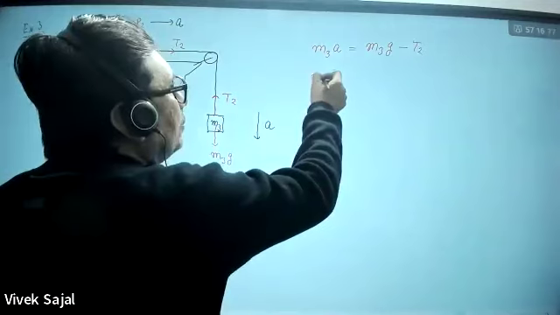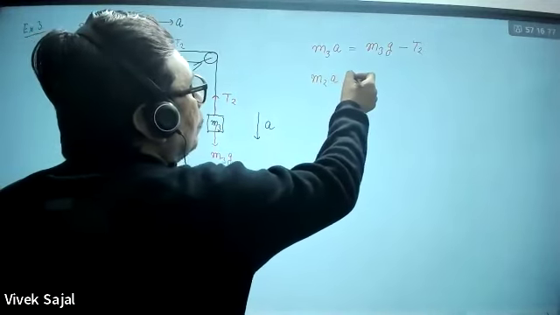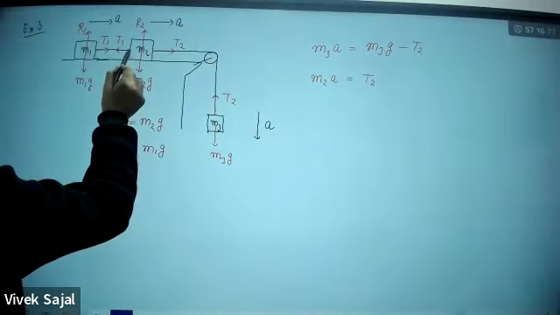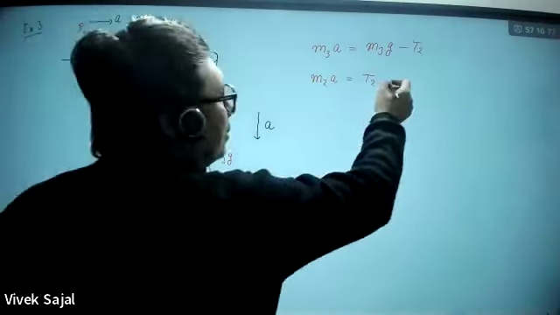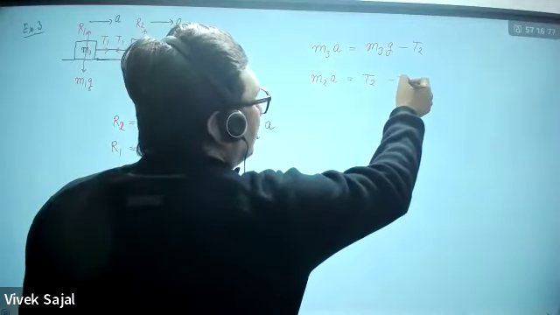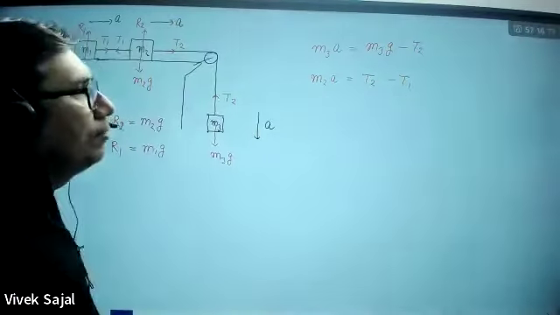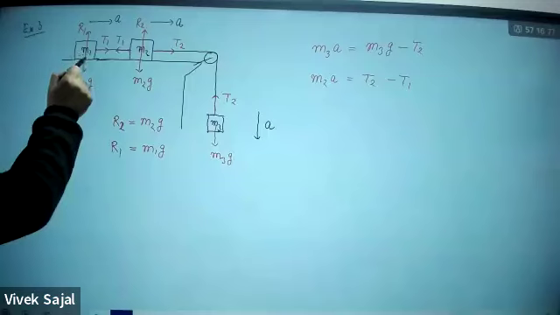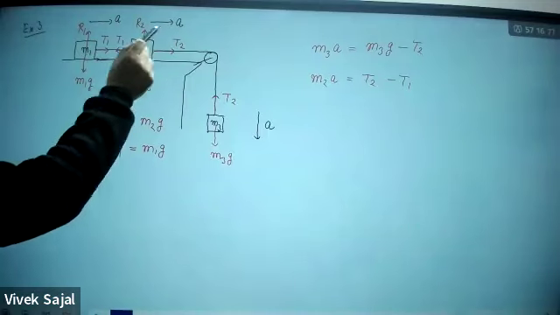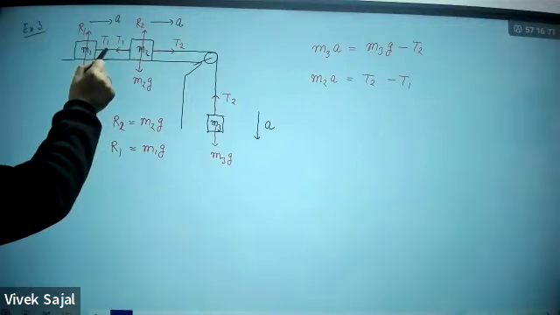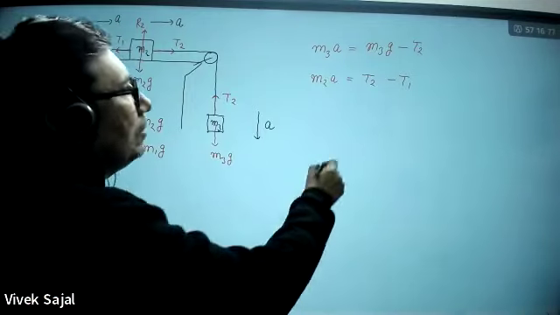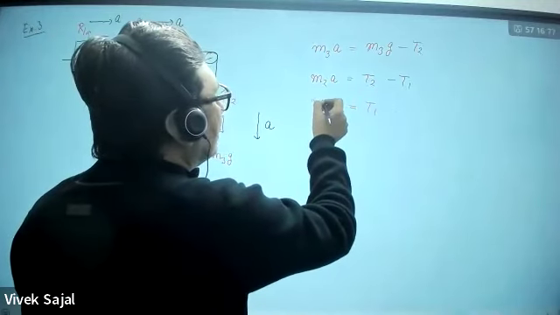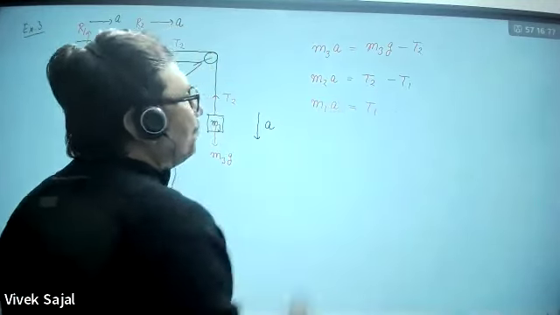So this will be mass M2 into A equals T2, which is causing acceleration, and the opposing force, T1, is opposing this motion. So the net force responsible for this acceleration A for the second block will be T2 minus T1. Okay? For this block, it is having acceleration to the right. Towards right, only one force is acting, that is T1. So T1 is causing this acceleration in block 1.